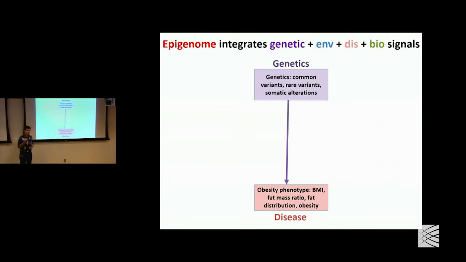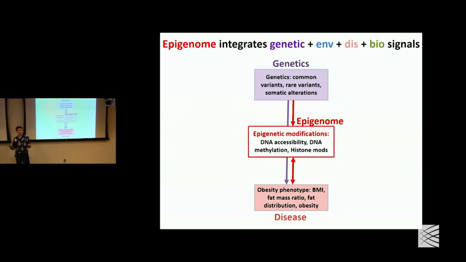So the key insight and the key tool that we're using is that we're trying to bridge this gap between genetic variation and disease variation using something known as the epigenome. How many of you guys have heard what the epigenome is? Raise your hands. Awesome, great. How many have not?